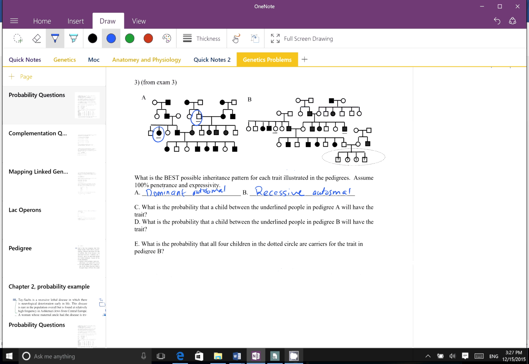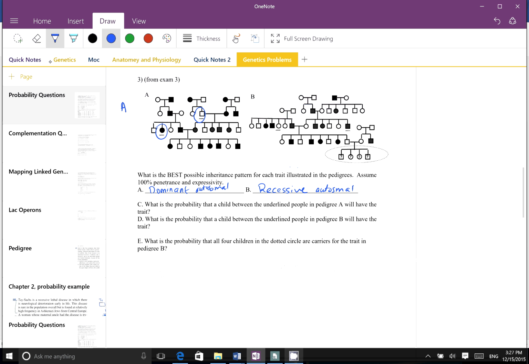Oh, and before I even answer that question, let's go with convention. So for pedigree A, since I know the trait is dominant, capital A means it's dominant, and it's for someone that has the trait. Small a is no trait or normal.